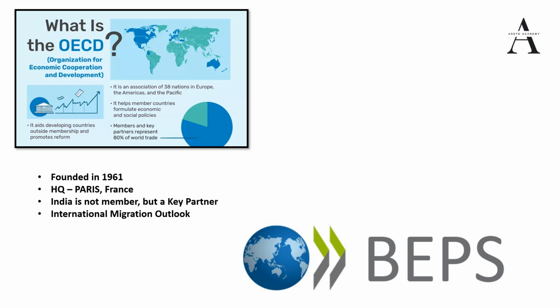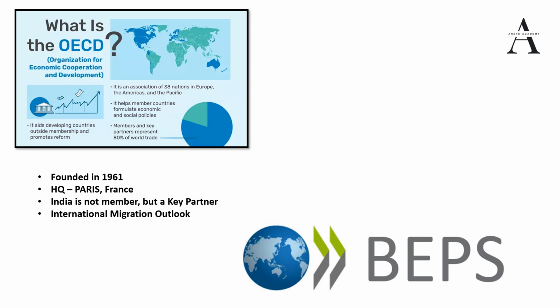So basically these countries, as you can see on the OECD map which has been shown on the screen, the blue areas highlighted on the screen are the member countries of OECD, and they are basically those countries which fall under the high income economies, or they have high human development index. So basically we call them developed countries.